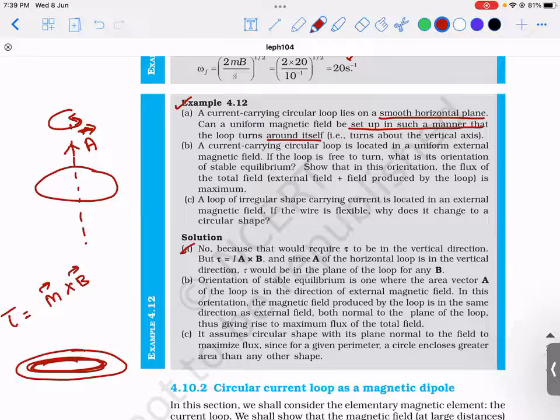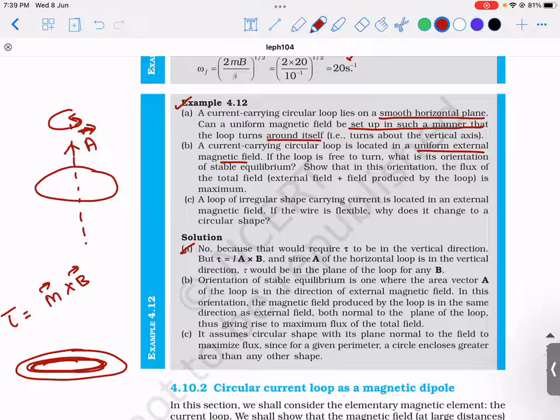Second, a current carrying loop is located in a uniform external magnetic field. If the loop is free to turn, what is the orientation of stable equilibrium? Stable equilibrium means theta between M and B should be 0. If it is unstable equilibrium, it should be 180 degrees.